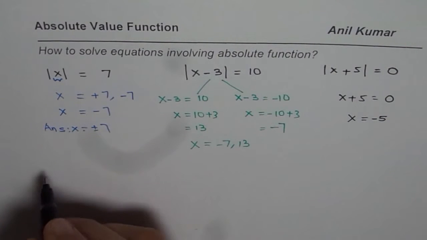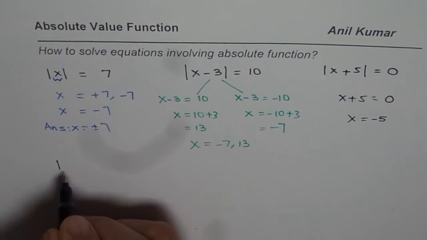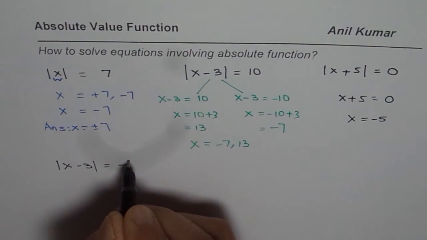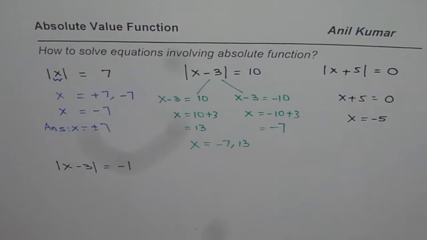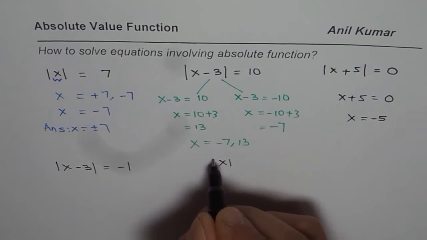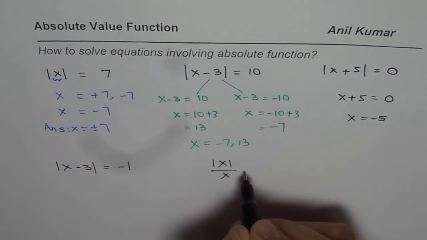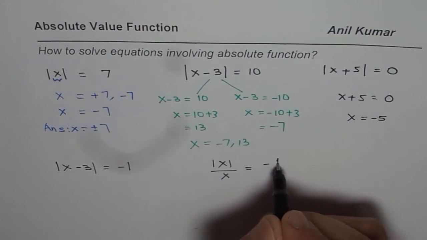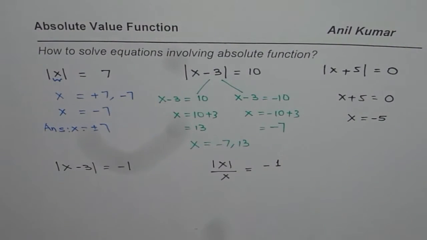Now let me give you a few more examples, and these ones are the tricky ones. Let us say we have the absolute value of x minus 3 equals negative 1. In that case, what are our solutions? And if we have something like the absolute value of x divided by x equals, let us say, negative 1, in that case, what is the solution? These two are tricky questions for you.